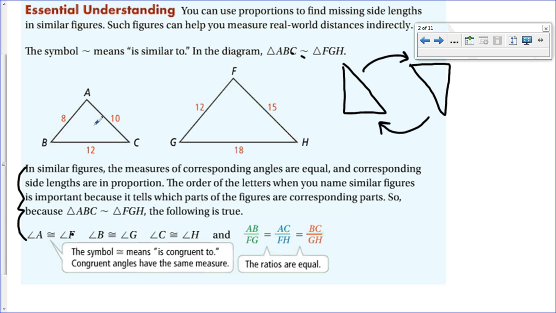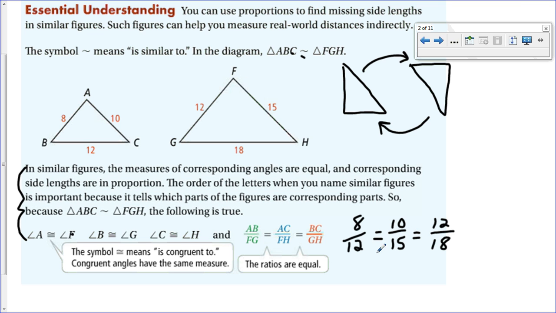And so what we're talking about here is if we take this side, AB, and compare it to FG, that ratio, which is 8/12, is going to be the same as AC, which is 10, over FH, which is 15, which is equal to BC, which is 12, over GH, which is 18.